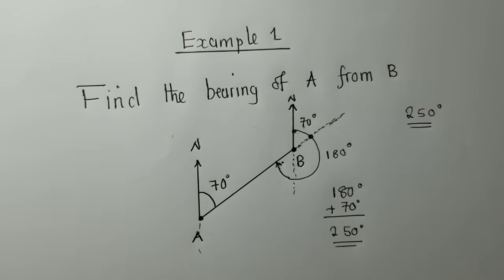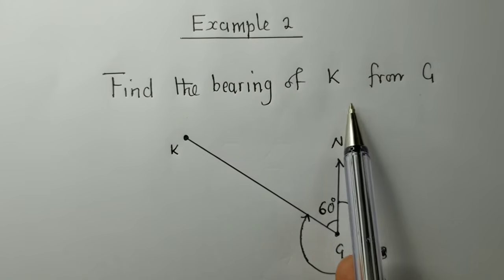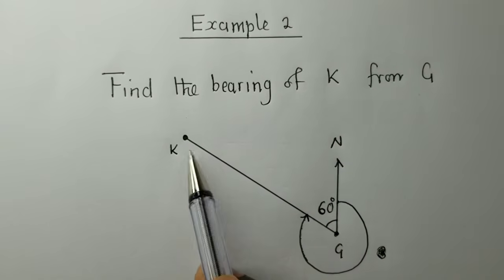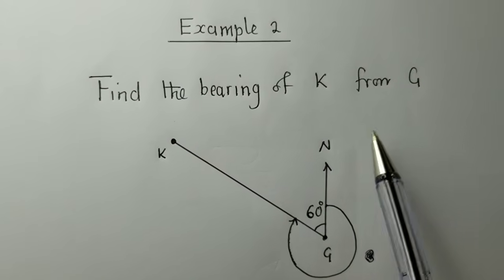Let's check out example number 2 so that we understand how these properties work. All right, so this is example number 2. They're saying find the bearing of K from G. So G is right here, K is here. And remember, we have already talked about where you're supposed to start from.